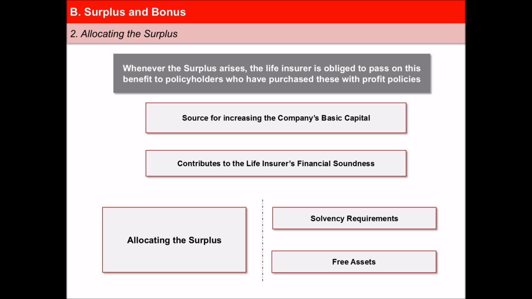Another purpose for having surplus that is unallocated is to increase the level of free assets. Free assets are unencumbered, that is, they are not required for meeting any specific liabilities. The life insurer is thus free to use them for various purposes like business expansion, etc.